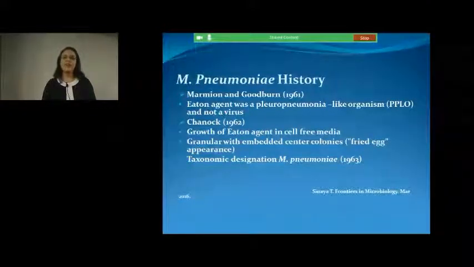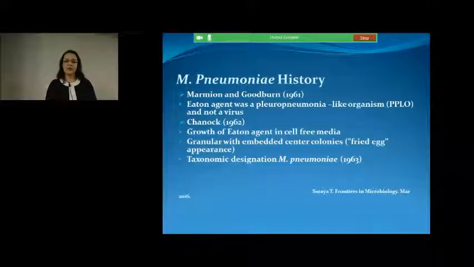He noticed that the microorganism could produce granular colonies with an embedded center that had the appearance of a fried egg. And later on, in 1963, he proposed the change in the taxonomic designation of the Eaton agent to Mycoplasma pneumoniae.